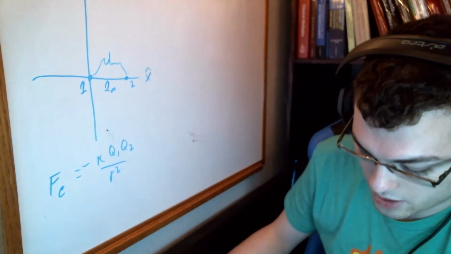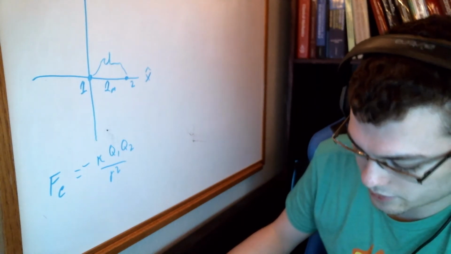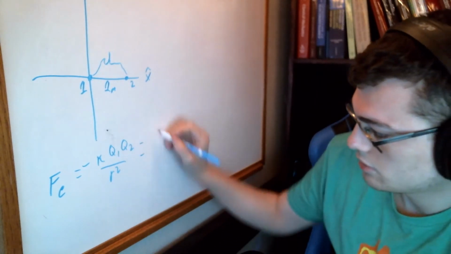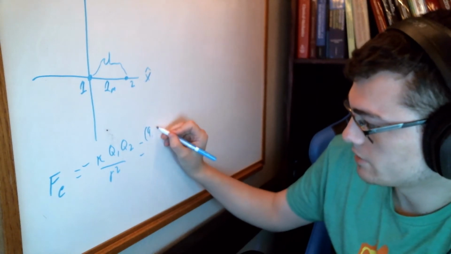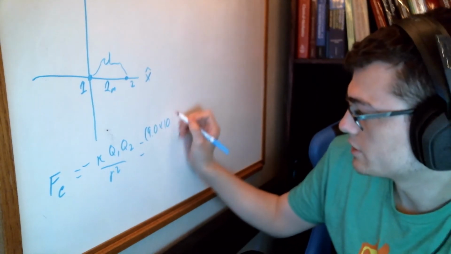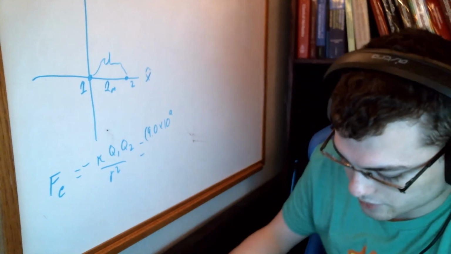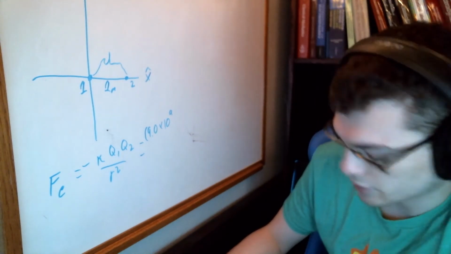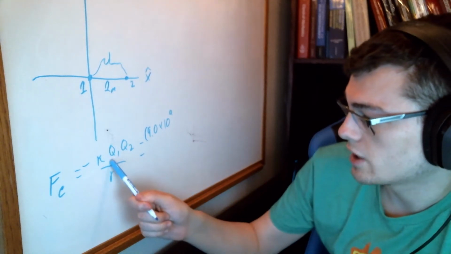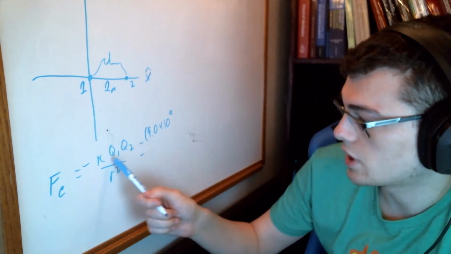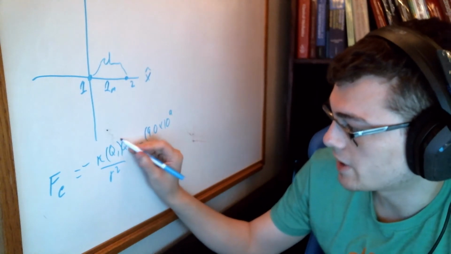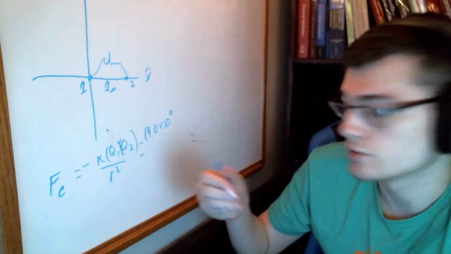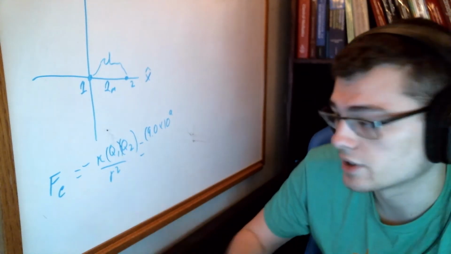Then we can plug in what K is: 9.0 times 10 to the 9th, with units of newton meters squared per coulomb squared. As you can see, the coulombs and meters will cancel out, and this will give us newtons at the end, which is what we're looking for in the force.